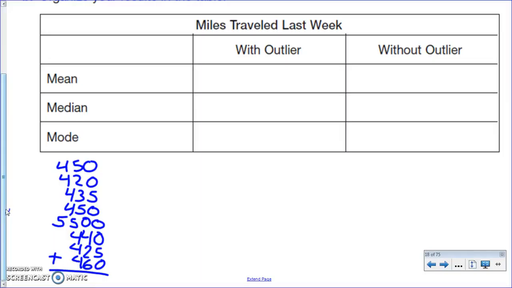So now we've written out all the data points, and we're going to go ahead and add them up. So when we add all the data points together, we get 8,580. So now we're going to take that and divide by the number of data points. If we count it up, we have 8 data points. So we're going to divide that by 8.